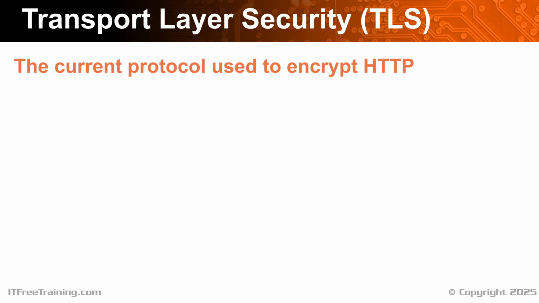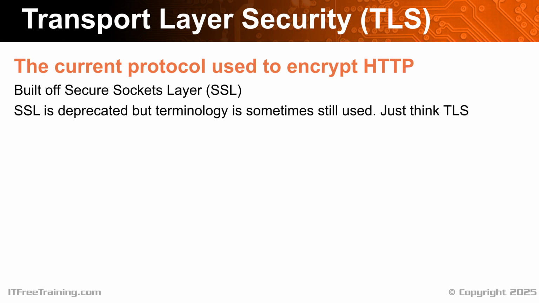The current protocol uses Transport Layer Security, or TLS, to encrypt HTTP traffic. It is built on top of an older protocol called Secure Sockets Layer, or SSL. SSL nowadays is deprecated, but the terminology is sometimes still used, so if you see SSL, just think TLS.